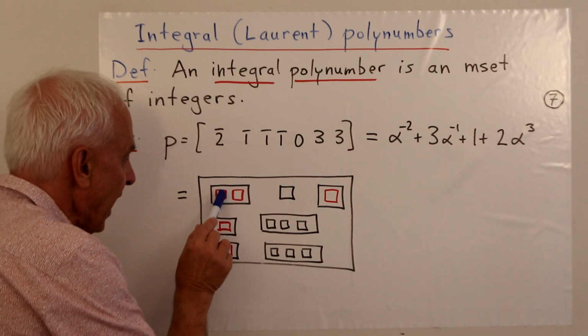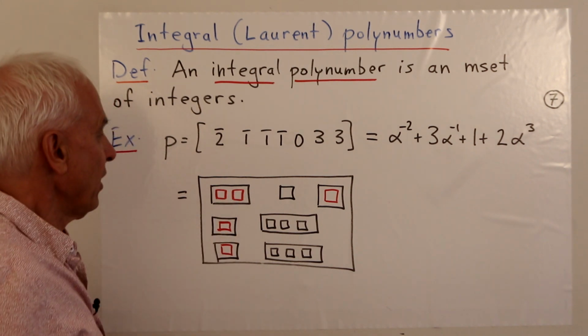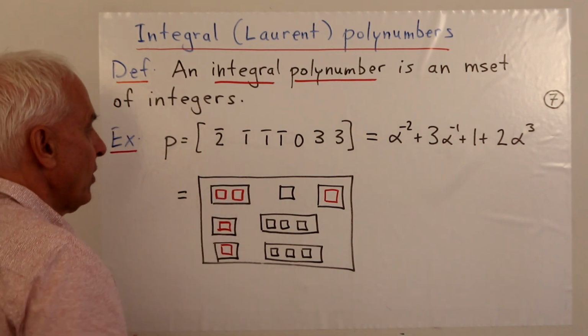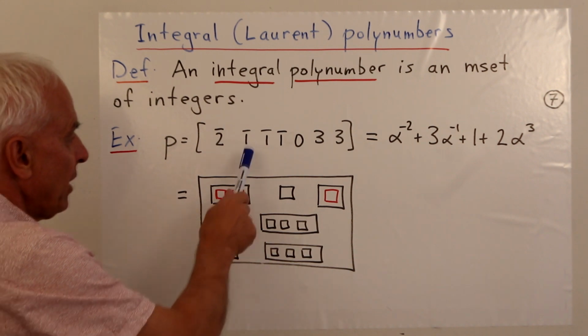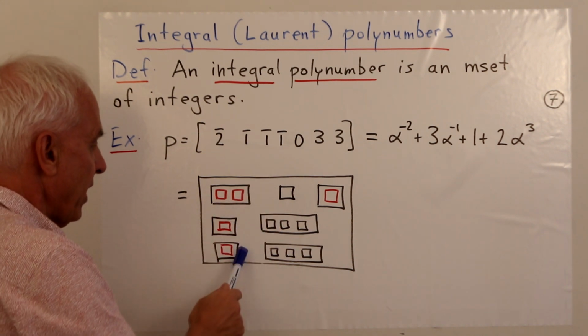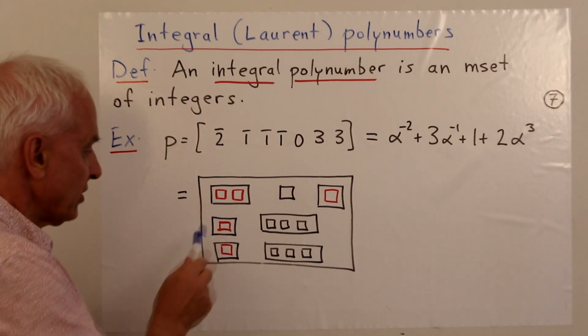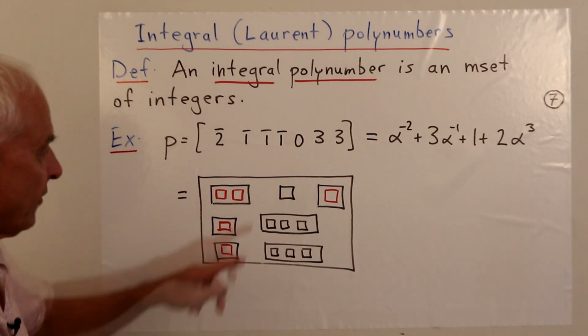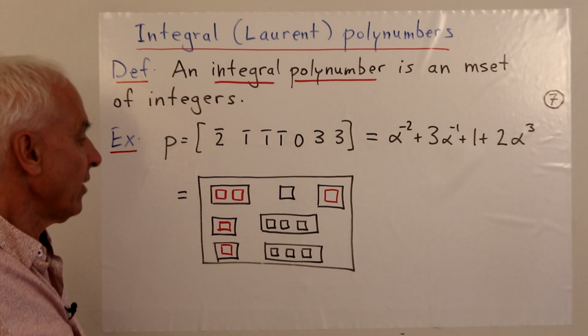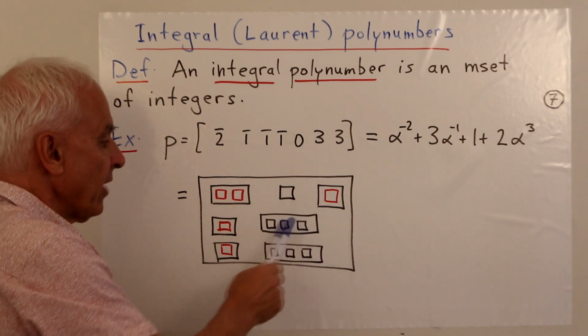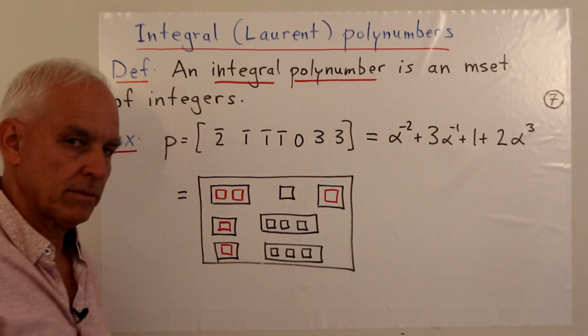So we have to take the antes of the 2 involved here. So this is what the 2 bar looks like. Similarly, the 1 bars are represented by a black box with a red box inside. The 0 is just represented with the single empty set. And the 3's, well, there's 3, and there's another 3.